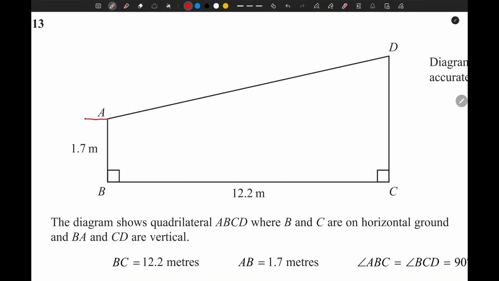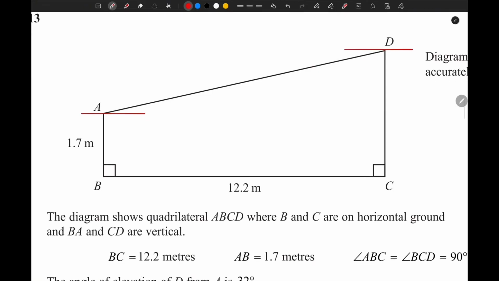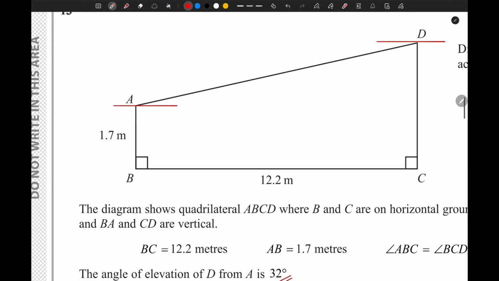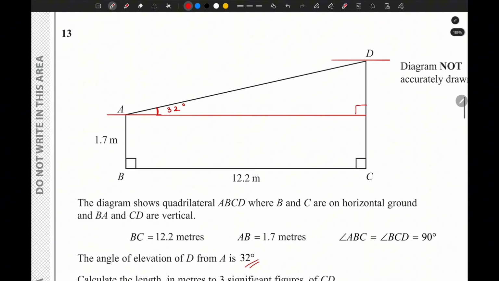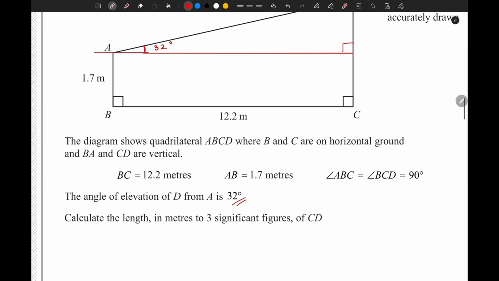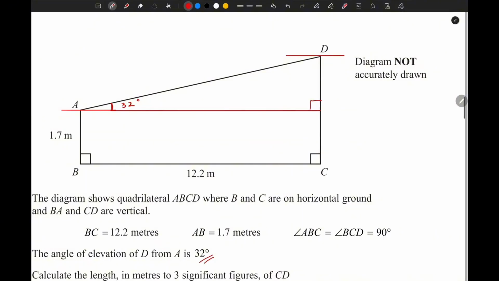So we need to draw a horizontal line on both of these points. So the angle of elevation of D from A is 32 degrees. So they have given us this angle, which is 32 degrees.